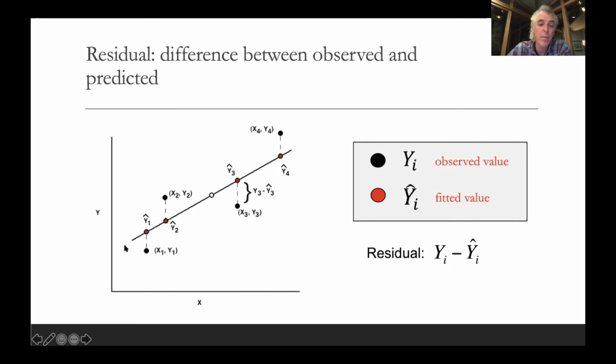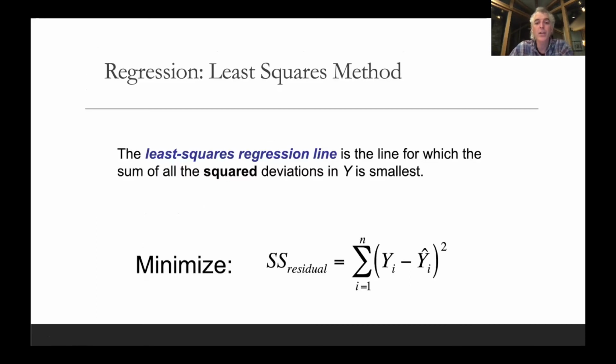Now, when we perform a regression, some of the observations will fall above the line and have positive residuals, and some of the observations will fall below the line and have negative residuals. So we can calculate the regression line that best fits the data as the regression line that minimizes the sum of squared deviations of observed values from the fitted values.